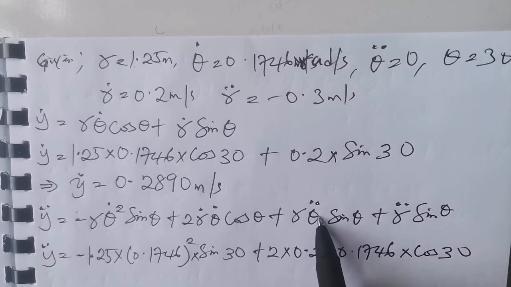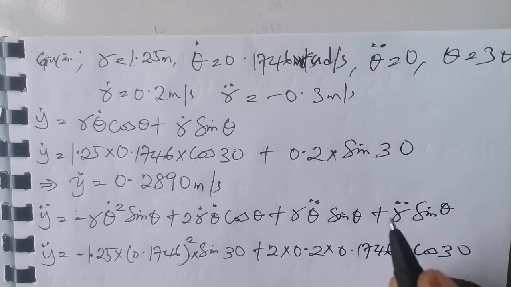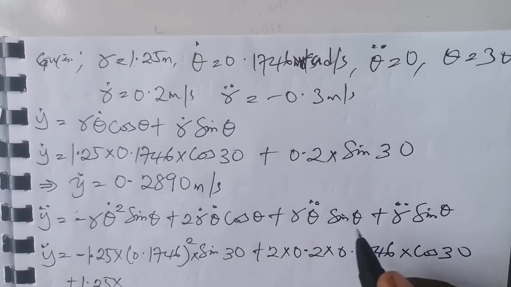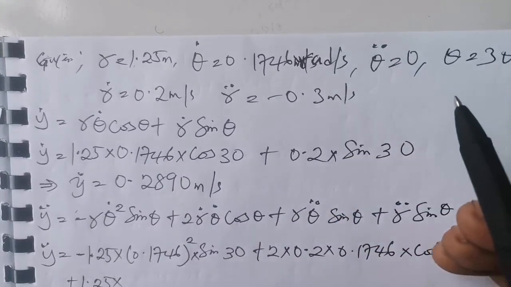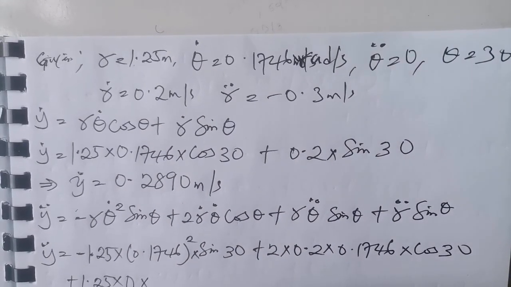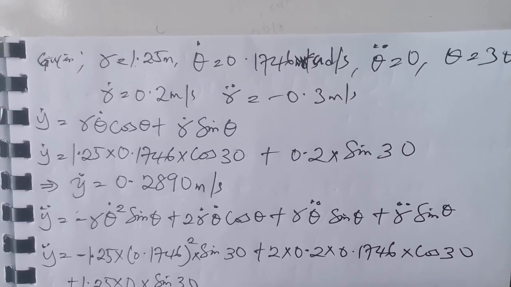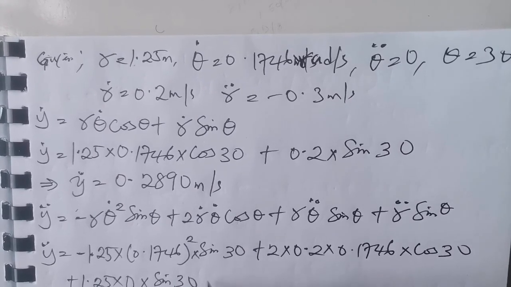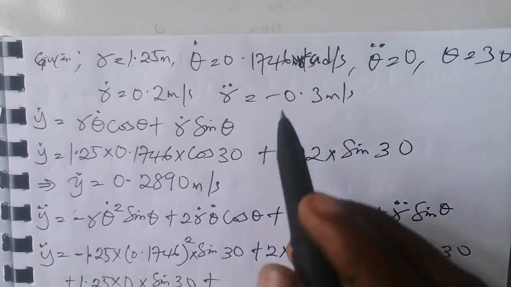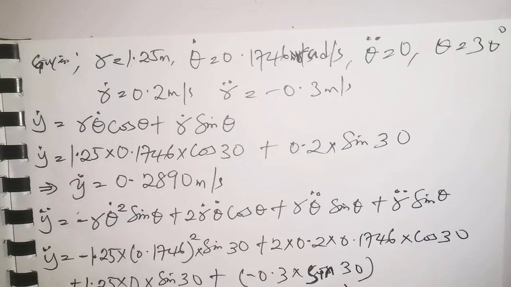We have plus r theta double dot cos theta, so plus r once more is 1.25, theta double dot of course is 0, so multiplied by 0, multiplied by cos 30, and finally plus r double dot sine theta, and r double dot is negative 0.3, so you have minus 0.3 multiplied by sine 30.